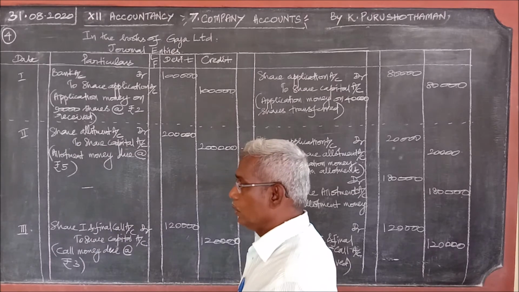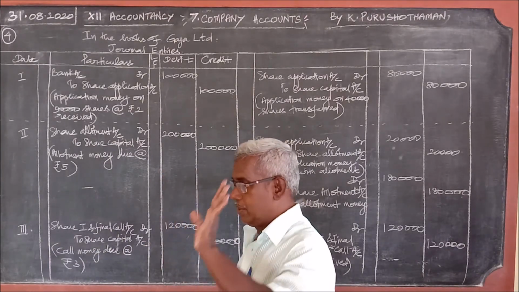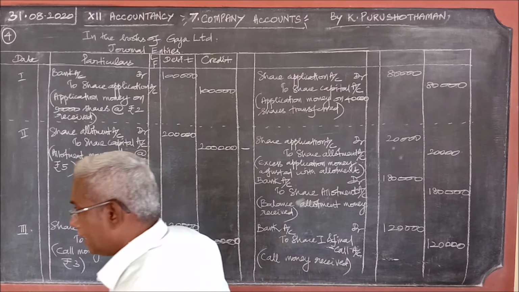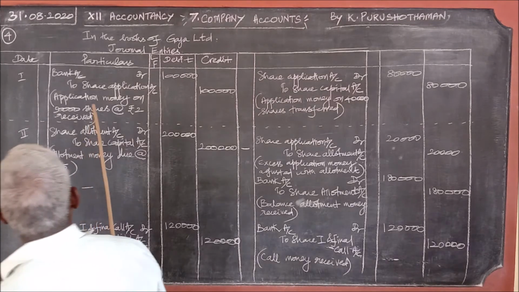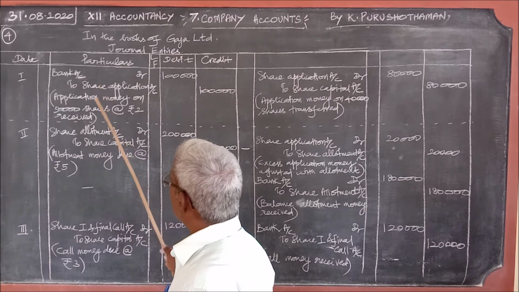I did not use the word equity. First thing you should understand, nothing is given in the problem. Gaja Limited issued 40,000 shares. Whether it is preference shares or equity shares or ordinary shares, nothing is mentioned. Therefore, I have used simply the term share.